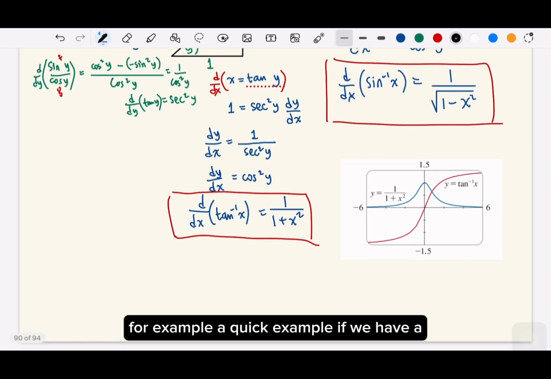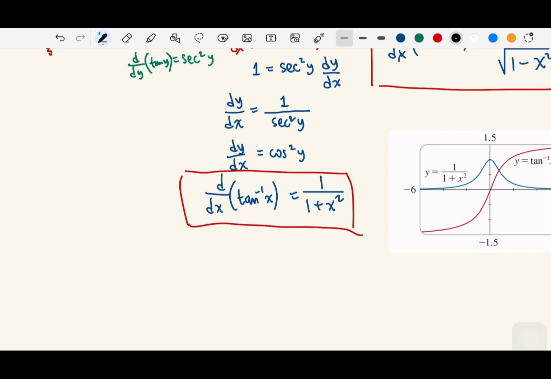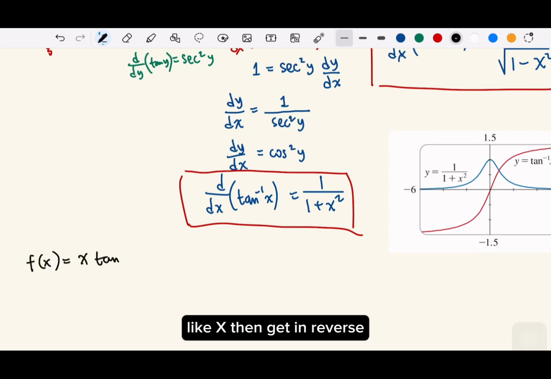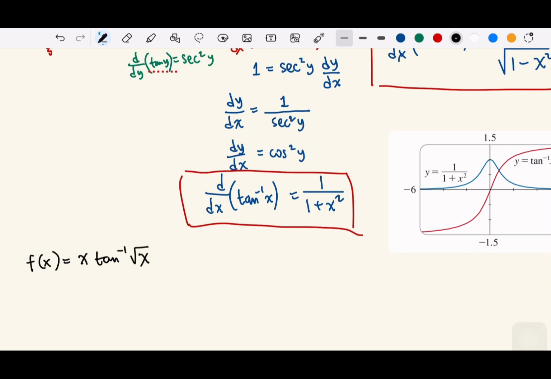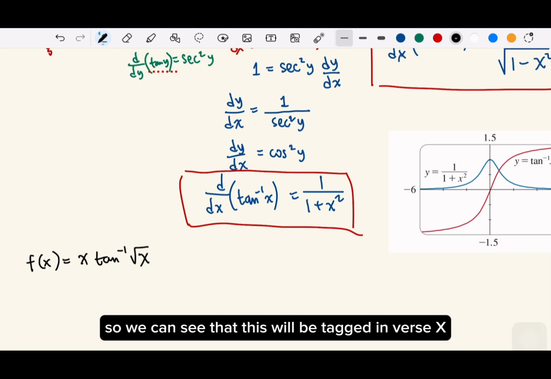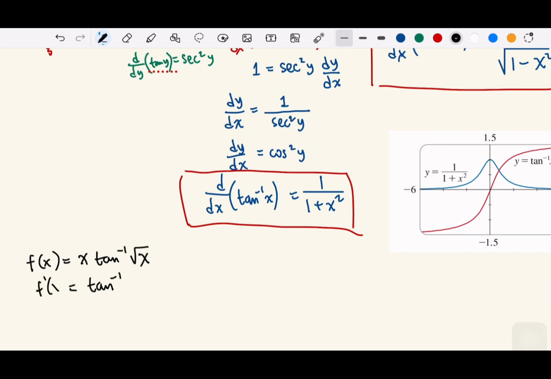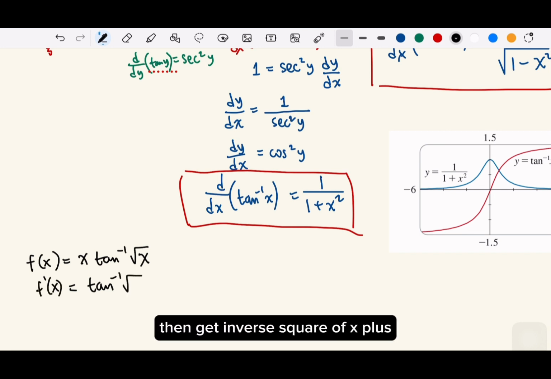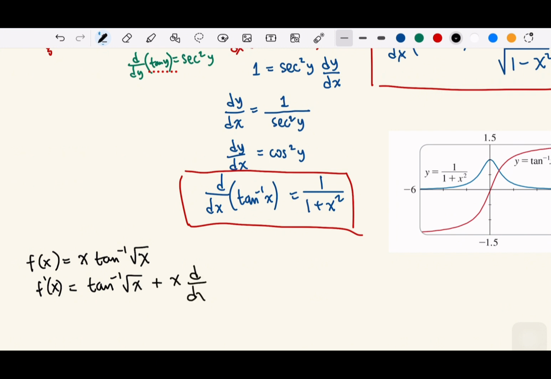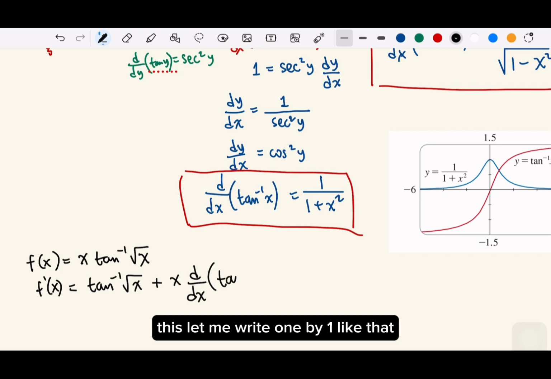For example, a quick example, if we have x tangent inverse square root of x, like that. So we can see that this will be tangent inverse x, the f prime, tangent inverse square root of x plus x, and then multiply with this. Let me write one by one like that.